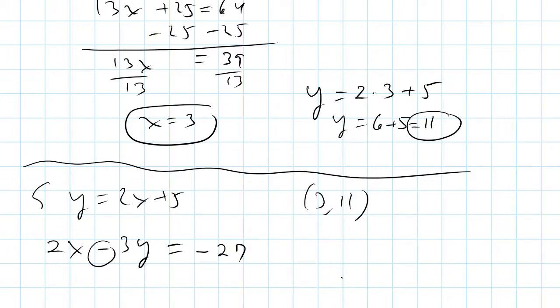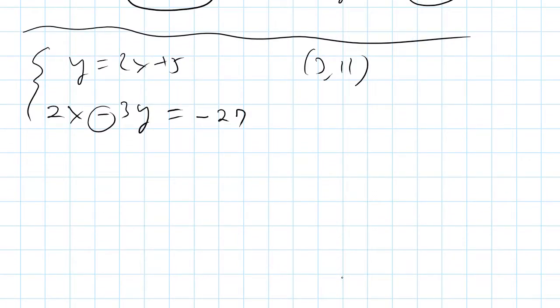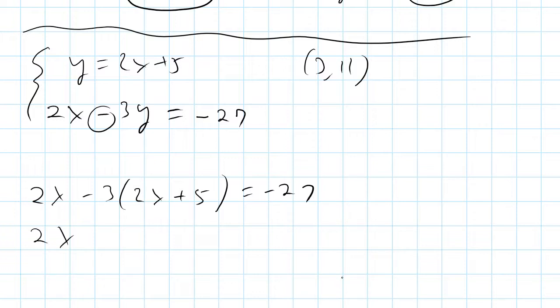So this question is a little bit harder because when you substitute the 2x plus 5 in place of the y, you have to distribute the negative. Actually, let me go like this.